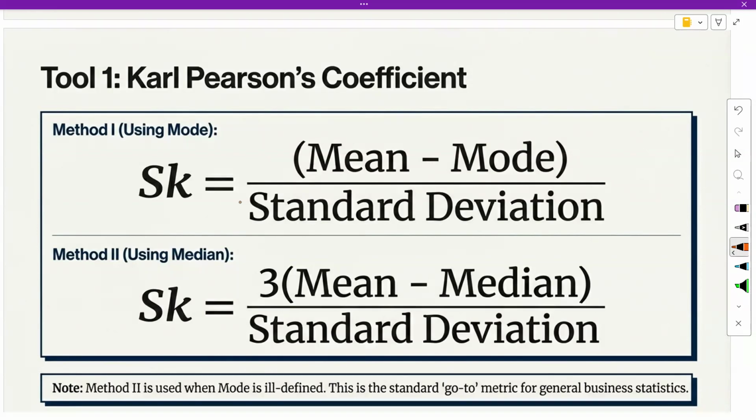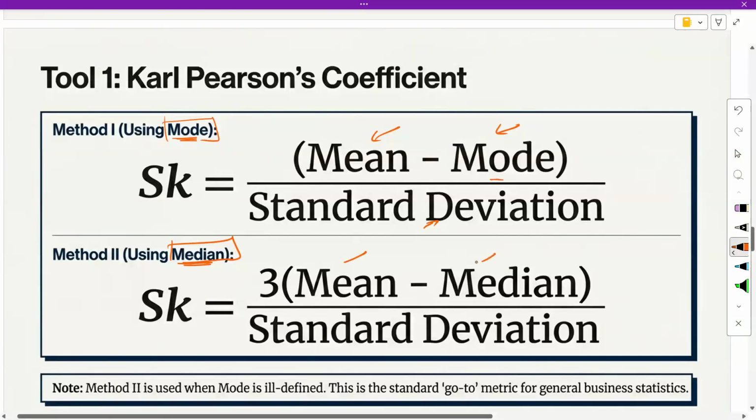The Karl Pearson coefficient uses the mean, mode, and standard deviation. If in your data set you have no information about the mode, but you have the median, you can use this formula with mean and median.